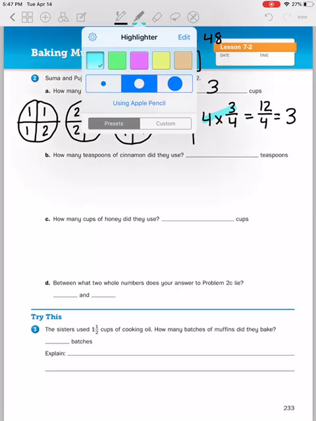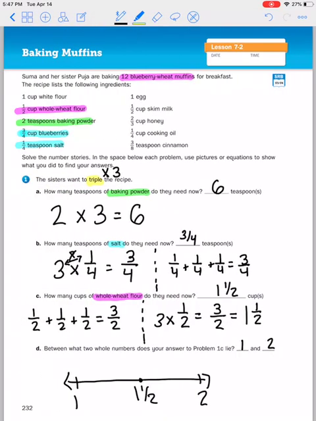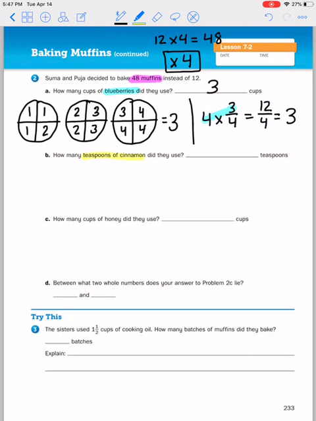How many teaspoons of cinnamon did they use? So let's look back. 3/8 of a teaspoon of cinnamon. So they need 4 times the original recipe, which is 3/8. So 4 times 3 is 12/8. Now I know that 8 times 2 is 16.